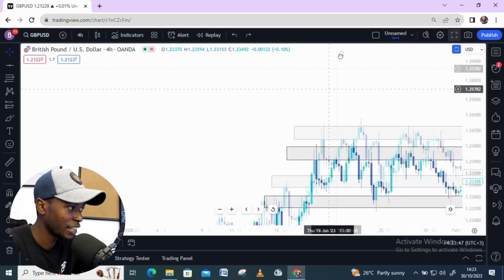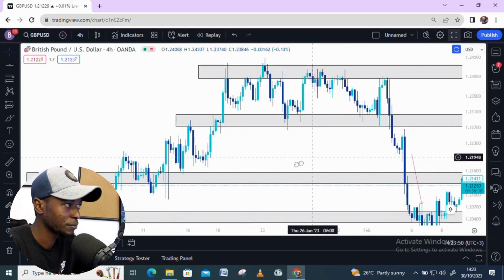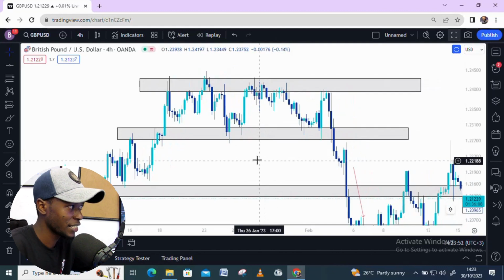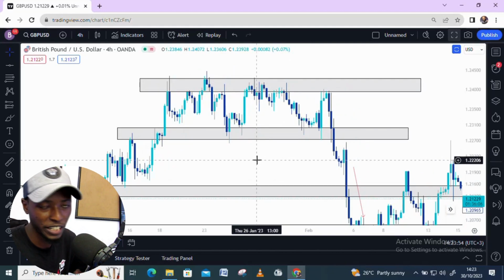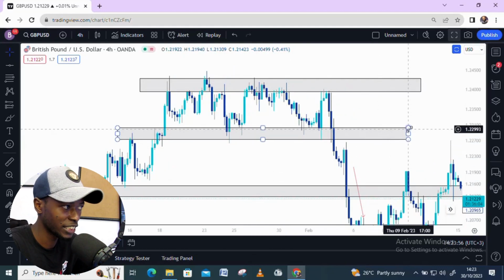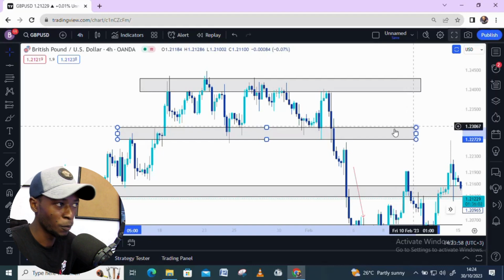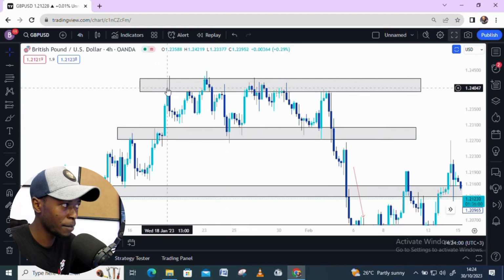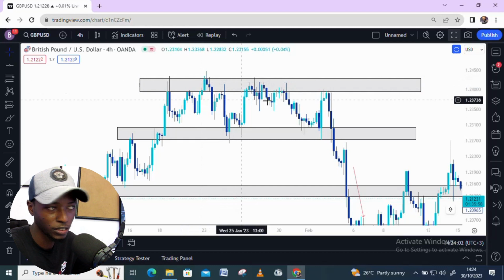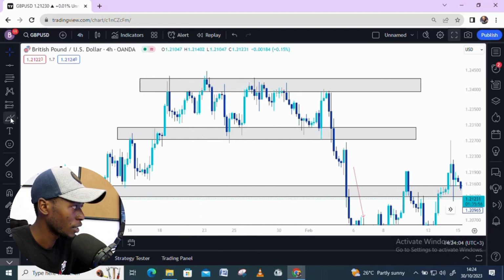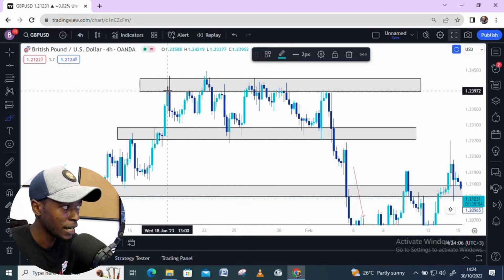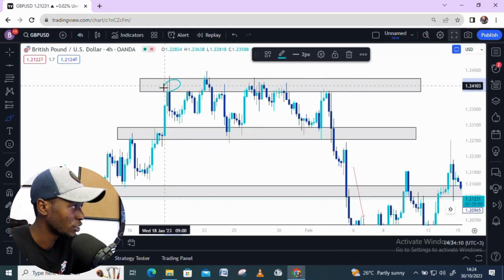So let's go on a live chart. As I've explained, I showed you how to identify this zone in my previous video. You can check it out. This is a bounce on the zone. Why is this a bounce? The market is finding multiple resistances on the zone.